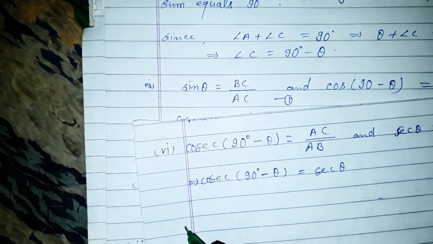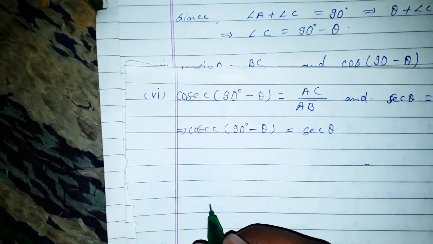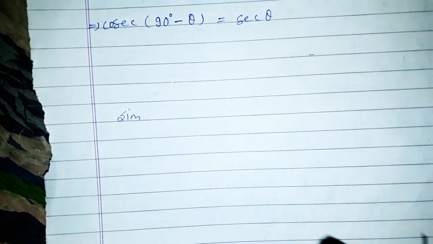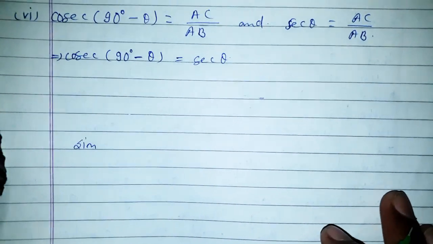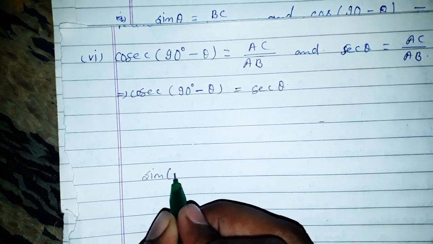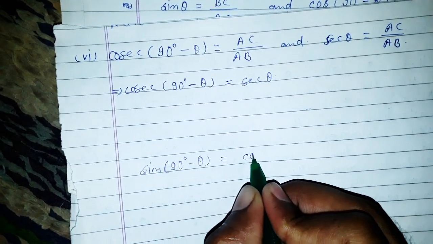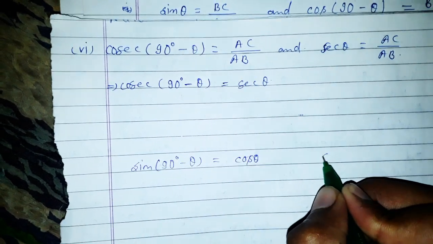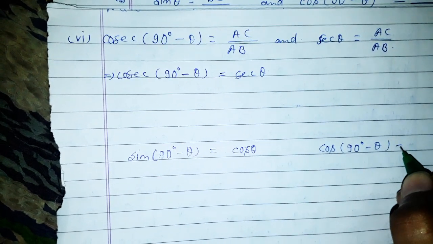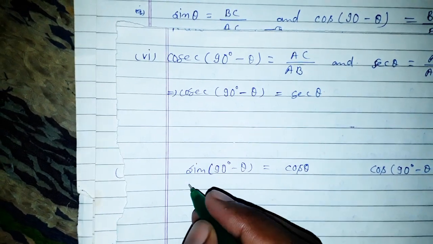All these formulas you should also memorize. Sin(90 minus theta) is equal to cos theta, and cos(90 minus theta) is equal to sin theta. This is also proved above.